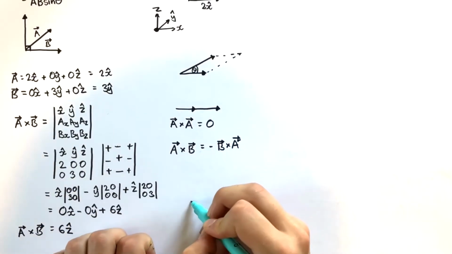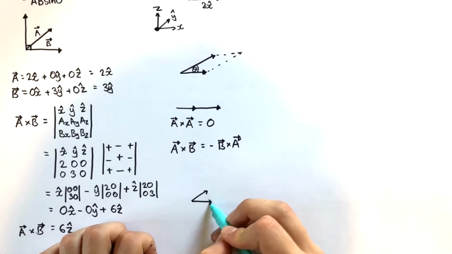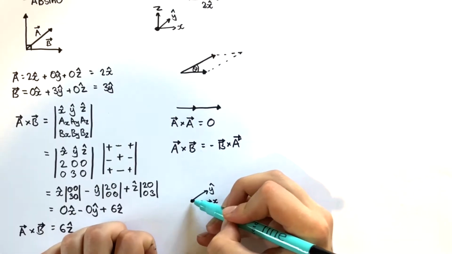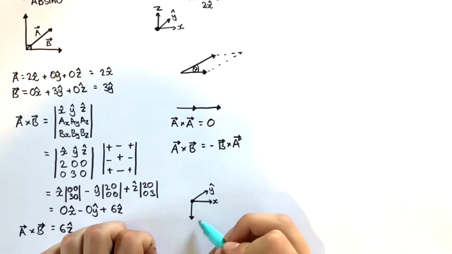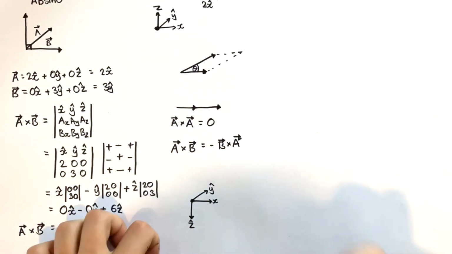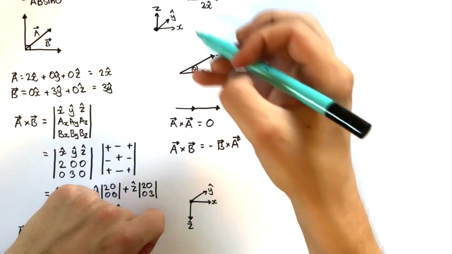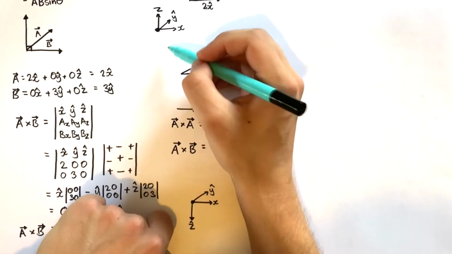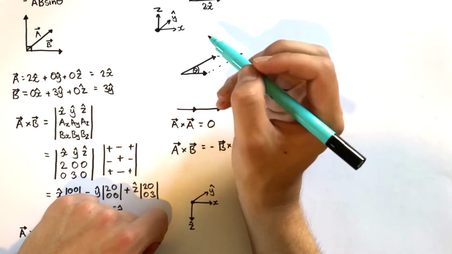But you might think, well, if this is the x-axis, this is the y-axis, just as before, why are we setting the positive z-axis upwards? It could just as equally be downwards. And you're perfectly right. It's arbitrary that we've chosen this, but this choice right here is what we know as the right-hand system. This is the right-hand rule.